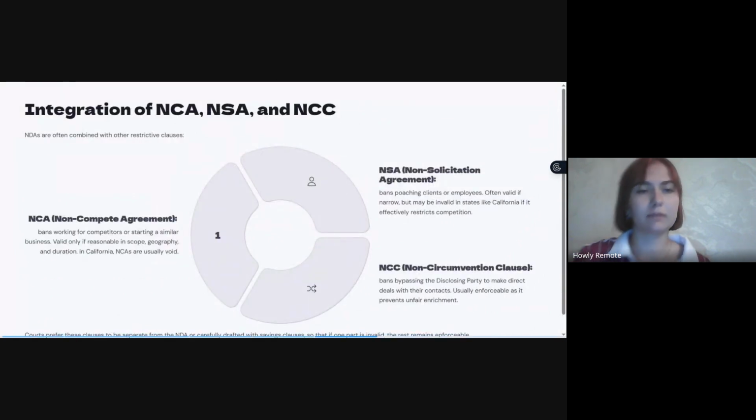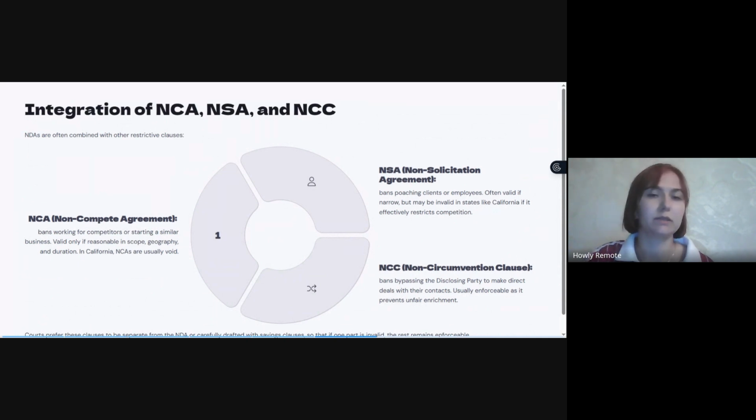And sometimes NDAs include extra clauses such as non-compete, NCA, non-solicitation clauses, NSA, and non-circumvention clauses, NCC.